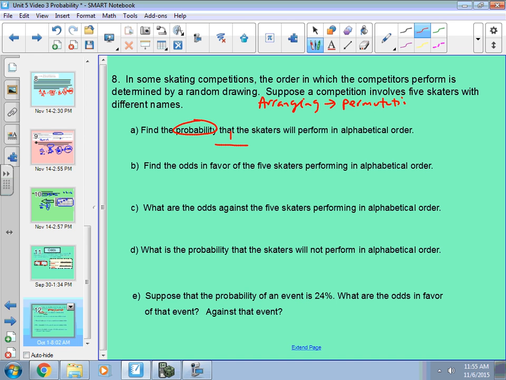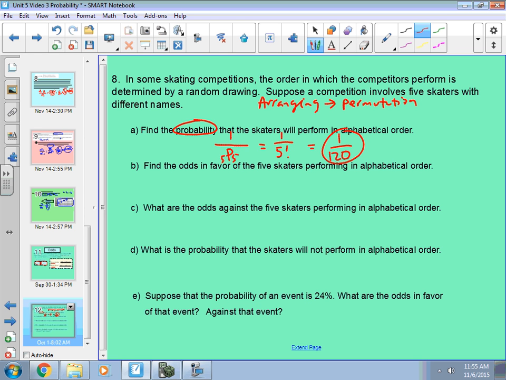So this one is a permutation of 5, arranging all 5. That's also the same as 5 factorial, because it'd be 5 times 4 times 3 times 2 times 1. If you put that in your calculator, that means we have a 1 out of 120 chance of this happening. Okay, let's do part B.